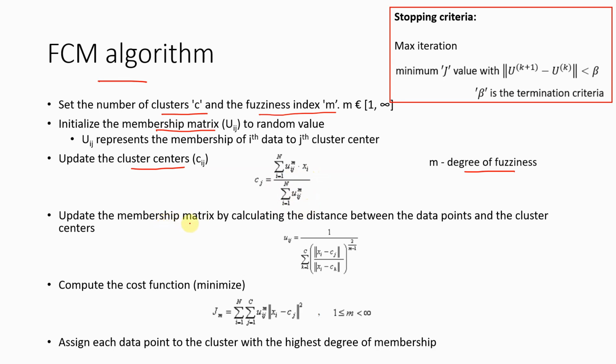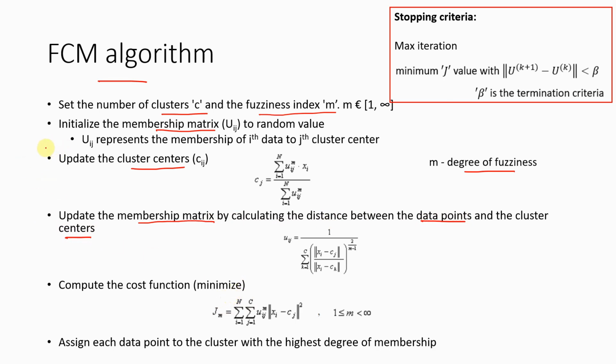Based on the cluster centers calculated, we have to compute the membership matrix. The membership matrix is calculated based on the distance between the data point and the cluster centers, and the distance calculation is done with the Euclidean distance. We also compute the cost function, which needs to be minimized.